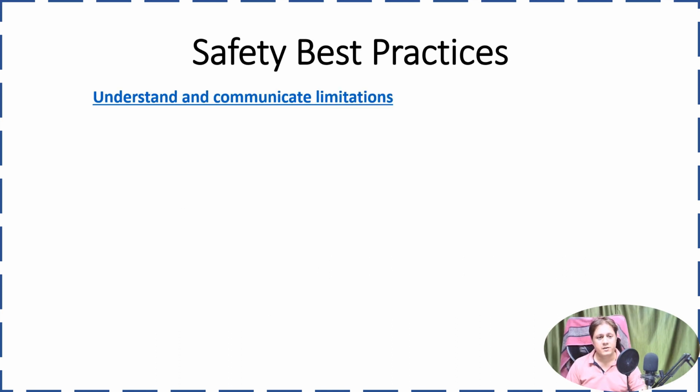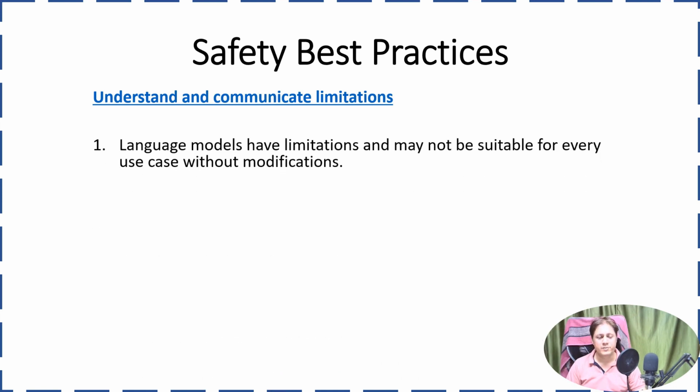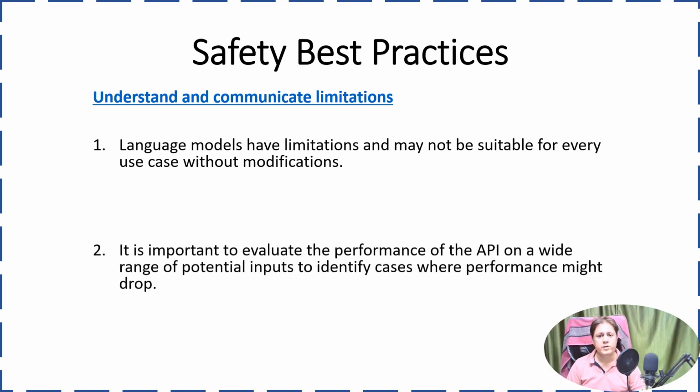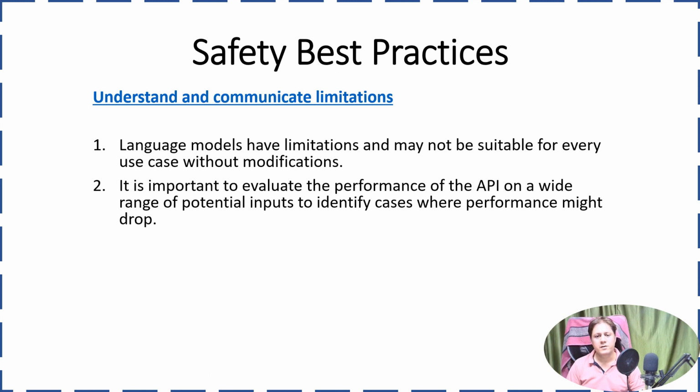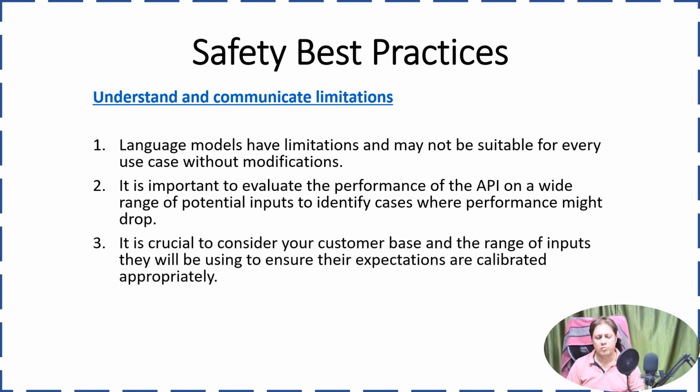The next safety practice is to understand and communicate limitations. Always understand the limitations of your software or API, and not only understand, but inform users that there can be downtime, it can reply maliciously, it can be taught badly, but it is not a human.